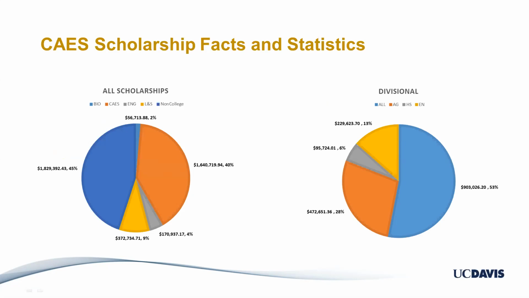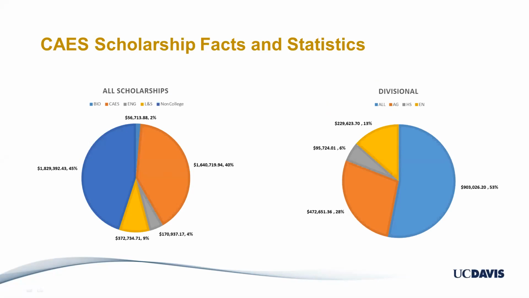Obviously, we are an ag-centered campus, so it makes sense that donors are trying to give back to students who are studying this field. 40% of our scholarships that we award are specifically just for students in the College of Ag. That's more than any other college by a long shot. 75% of those are college specific, so donors can say that they can really make any requirement they want for scholarships.